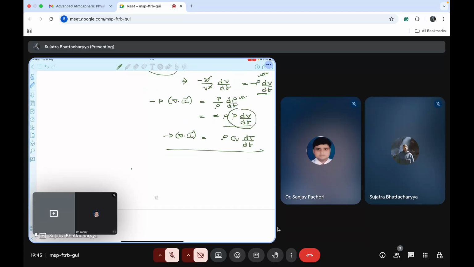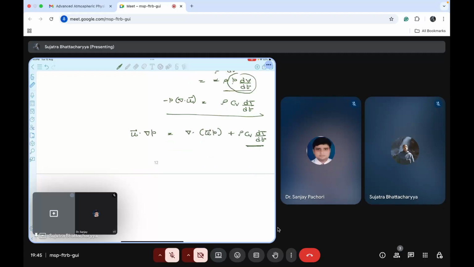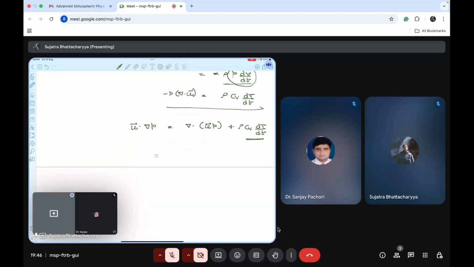Therefore, u dot grad p is del dot up plus rho cv dt by dt. Perfect. Now, why plus? Because there is a minus p del dot u, so we are just writing it.